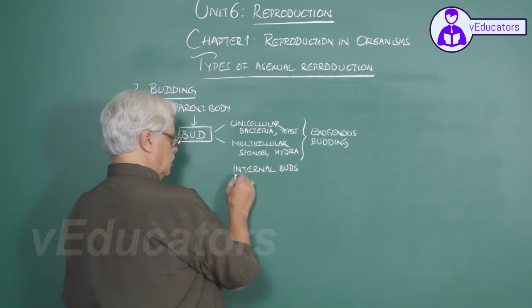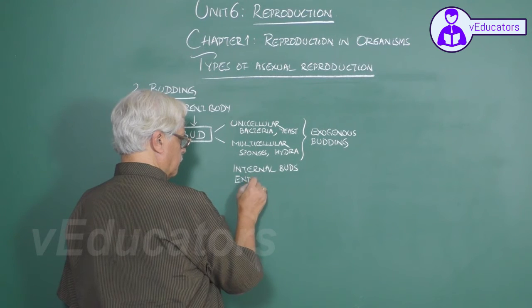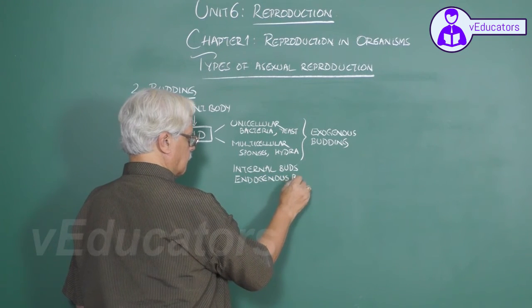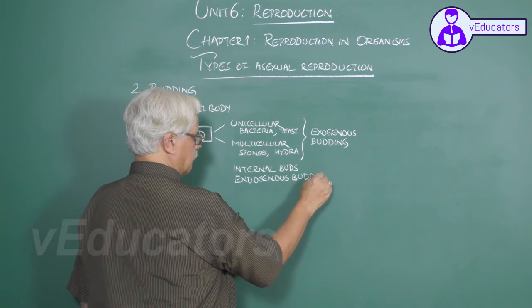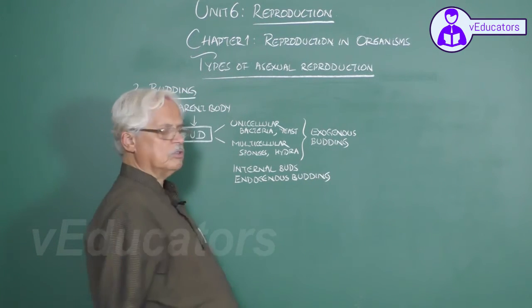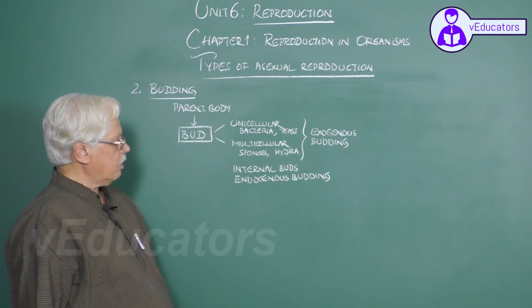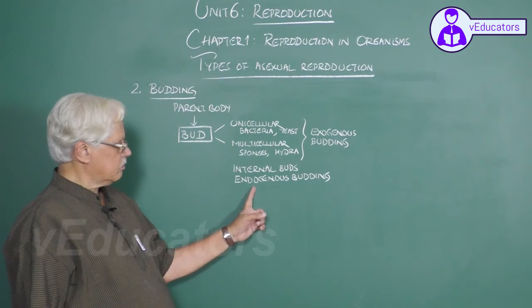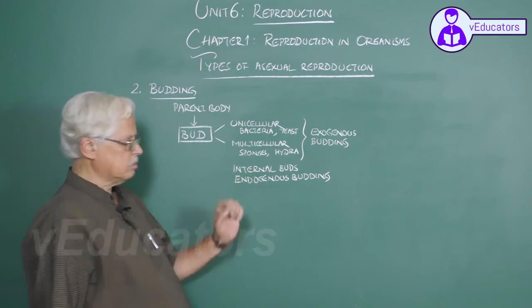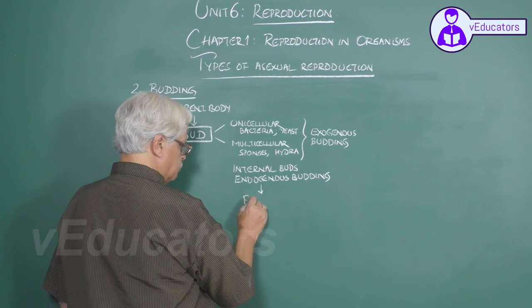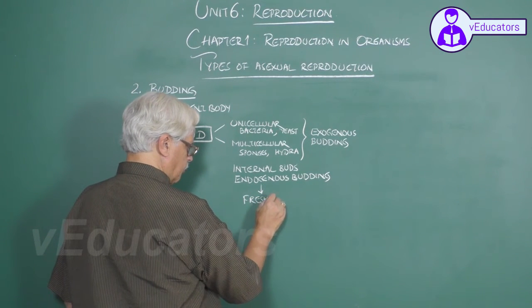This is called endogenous budding. Endogenous budding, internal buds, are observed in freshwater sponges.